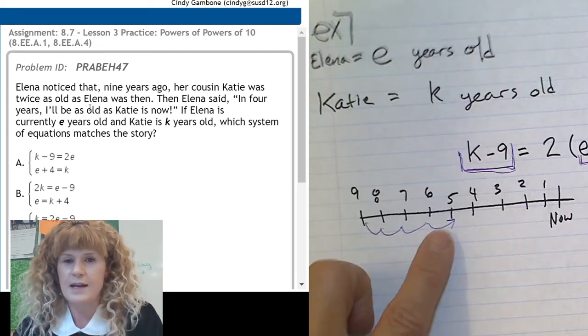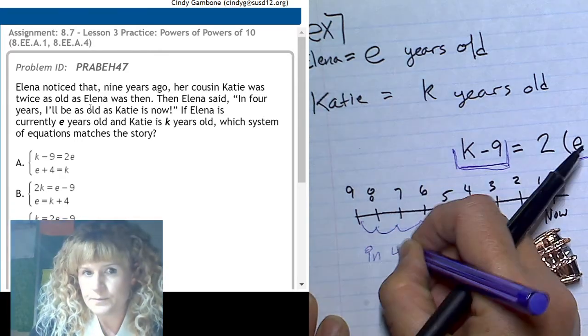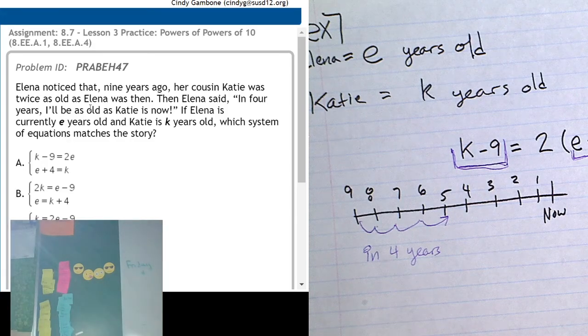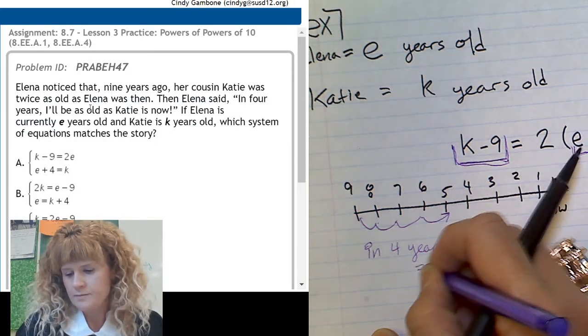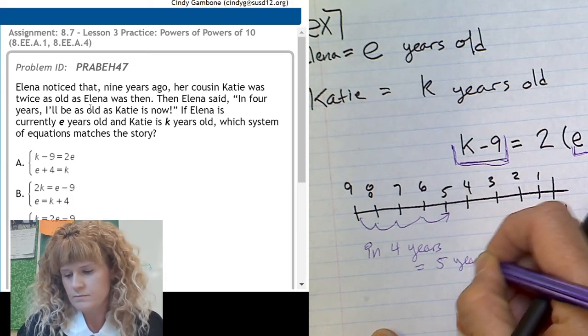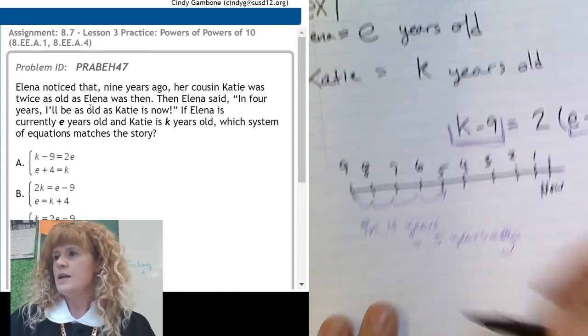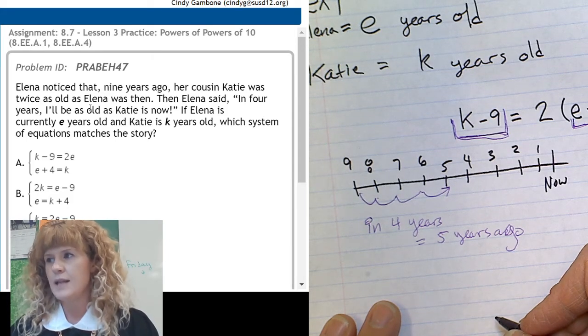So now you can see that if she says in 4 years, then that was 5 years ago. In 4 years, I'll be as old as Katie is now.